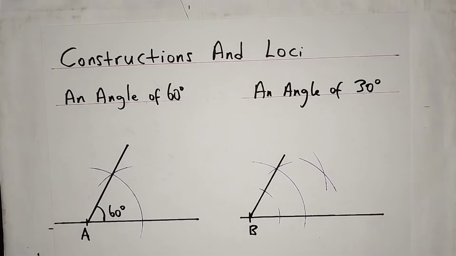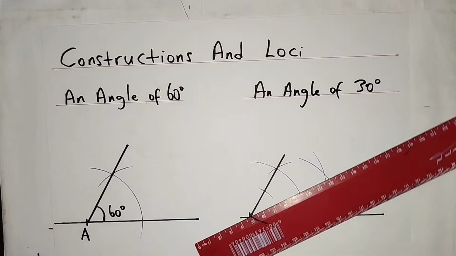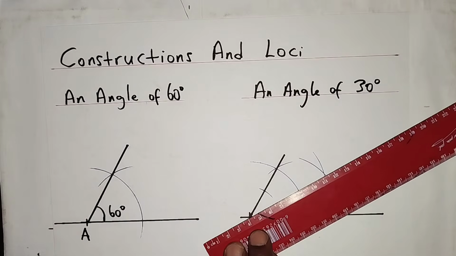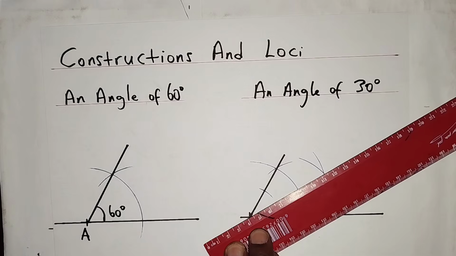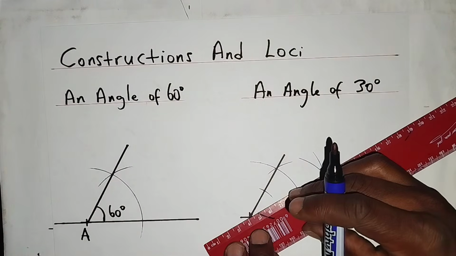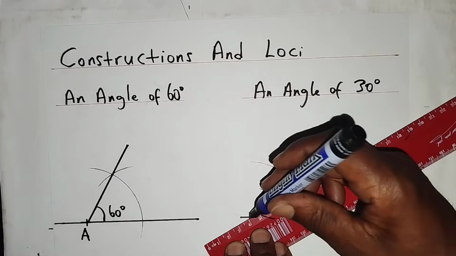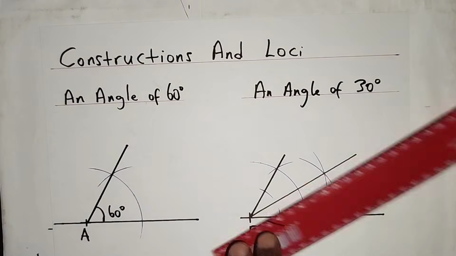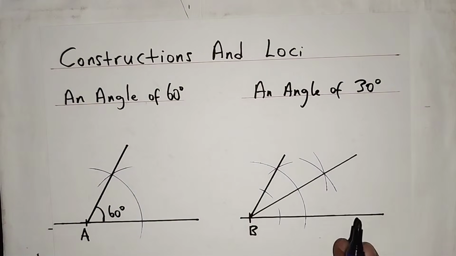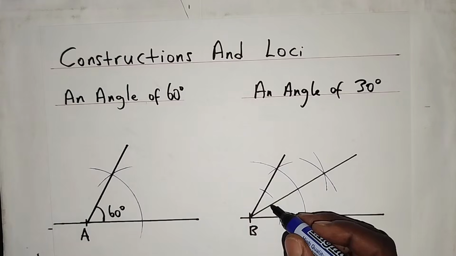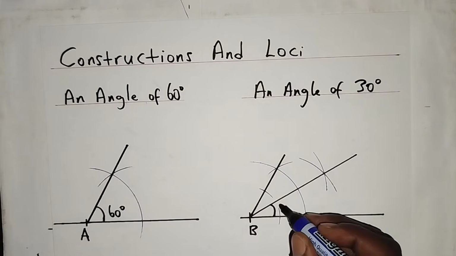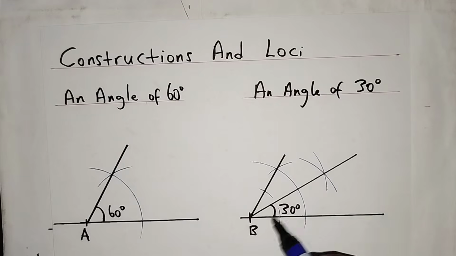Okay, now from B right through the point of intersection of the arcs, I'll draw a straight line, resulting in the construction of a 30 degrees angle. So this one is 30 and this one is 30. So now I've bisected an angle of 60 degrees for me to construct an angle of 30 degrees.